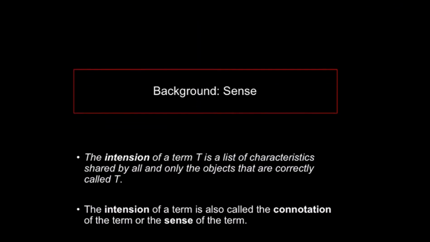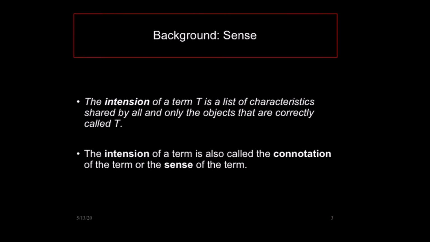So let's give some labels to these ways of specifying meaning. The first label we want to introduce is the concept of the intension of a term. We say that the intension of a term is the list of characteristics shared by all and only the objects that are correctly called by that term. So in our example, the term was the term planet, and we saw what the list of characteristics was.